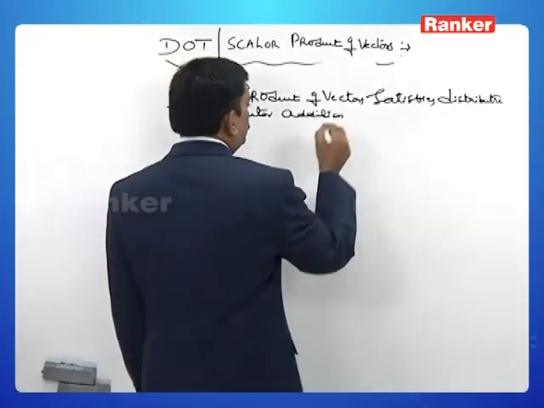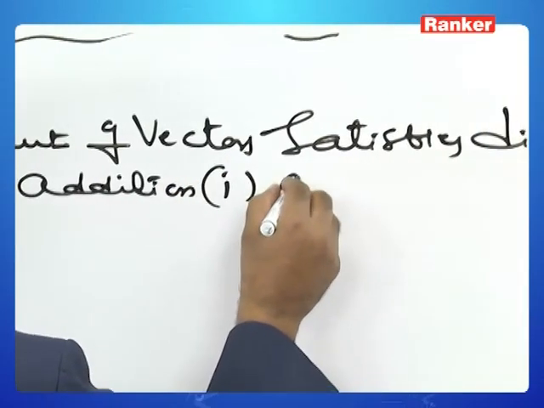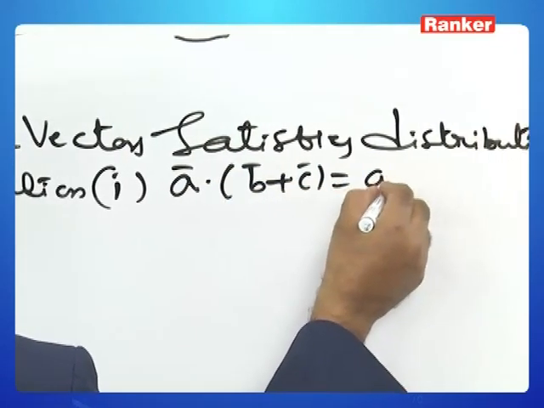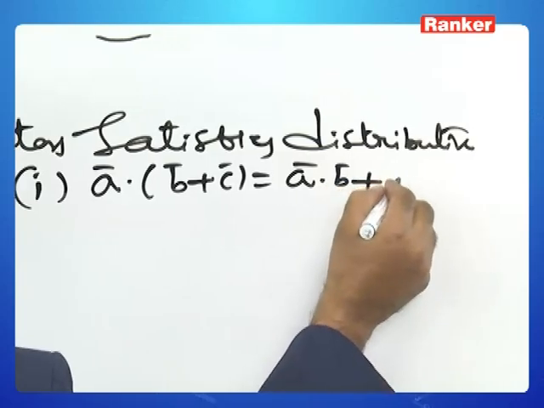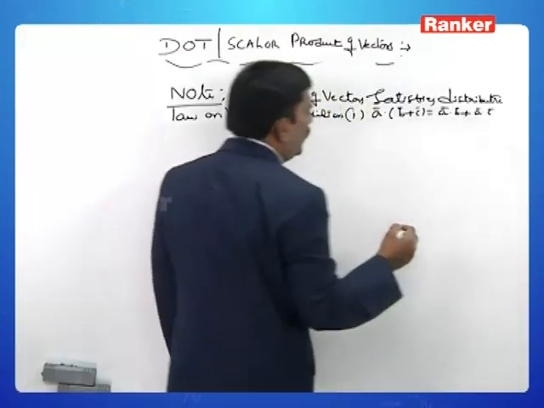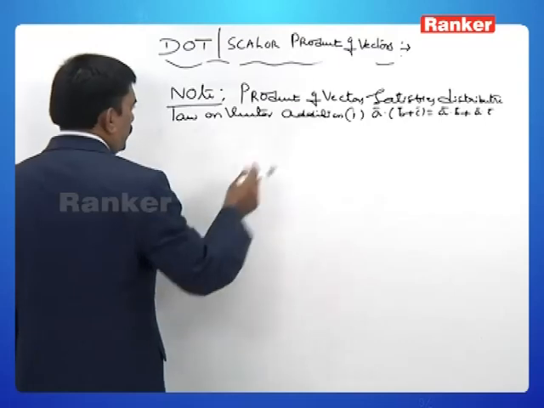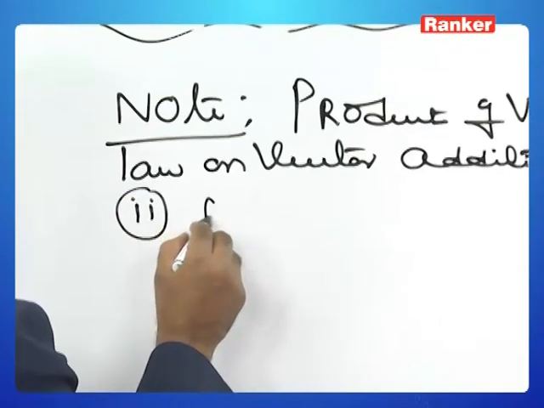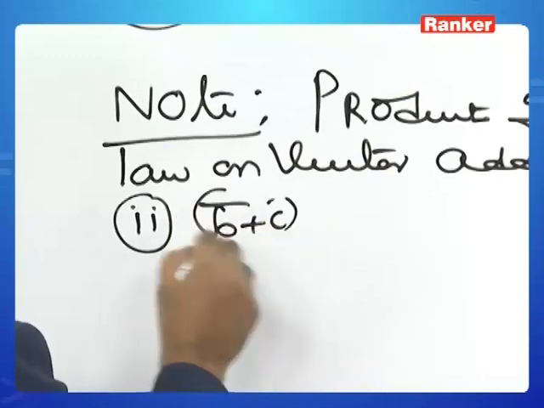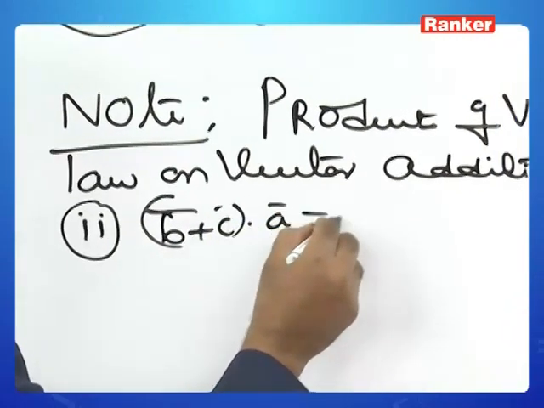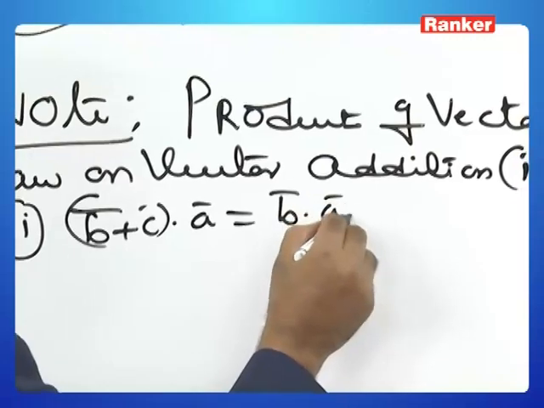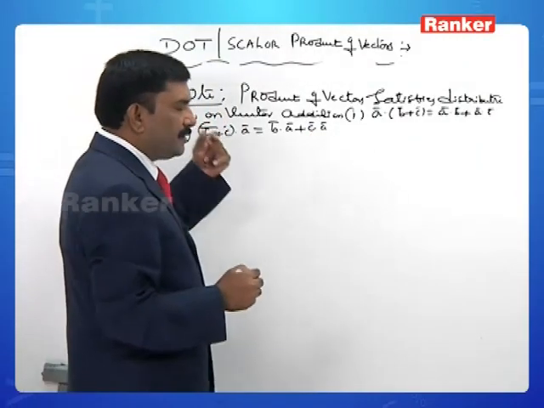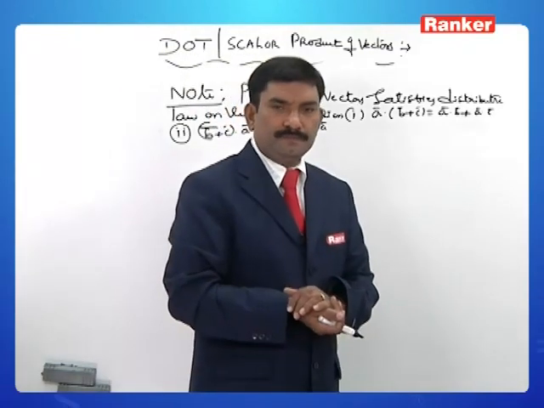That is, A bar dot B bar plus C bar is equal to A dot B plus A dot C. This is the left distributive law. The second one is B bar plus C bar dot A bar is equal to B dot A plus C dot A. This is the right distributive law.